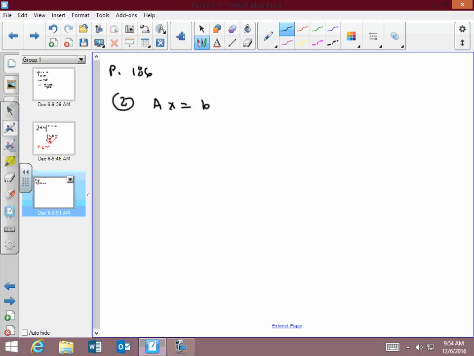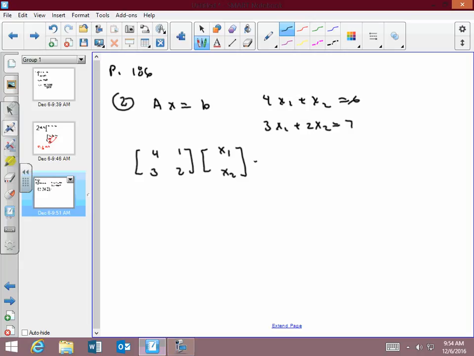and what we have is 4x1 plus x2 equals 6, and 3x1 plus 2x2 equals 7. So if we put it in that A, we have 4, 3, 1, 2, times x1, x2, equals 6, 7.